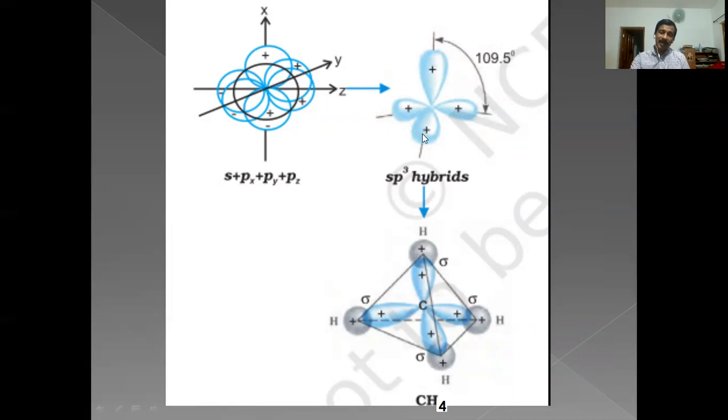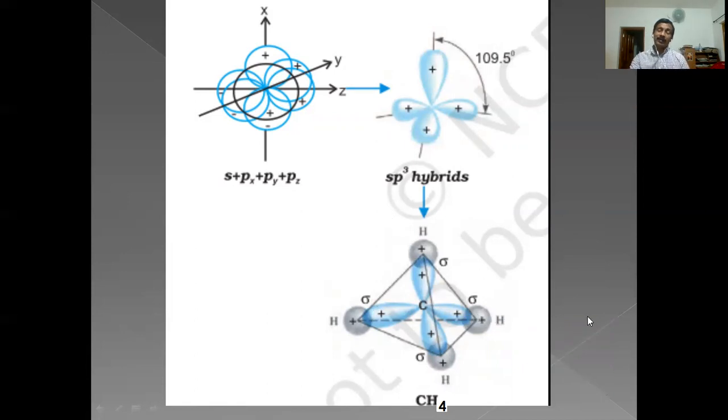Each hybrid orbital overlaps with the 1s orbital of hydrogen to form a sigma bond. You can see sigma bond, sigma bond, sigma bond, sigma bond. Four C-H sigma bonds are formed by the overlapping of sp3 hybrid orbital of carbon and 1s orbital of hydrogen.